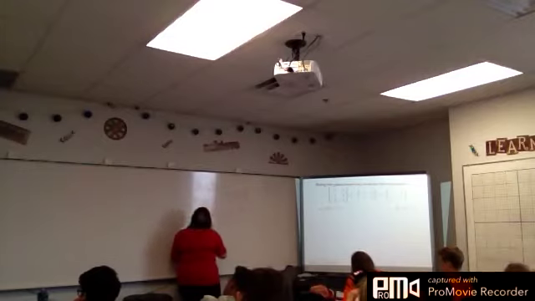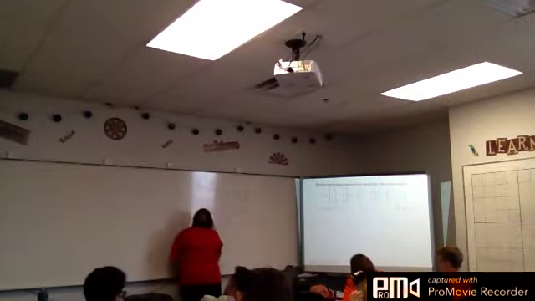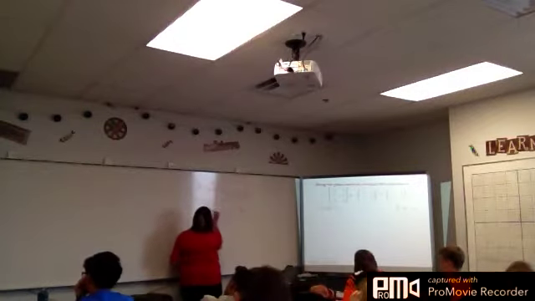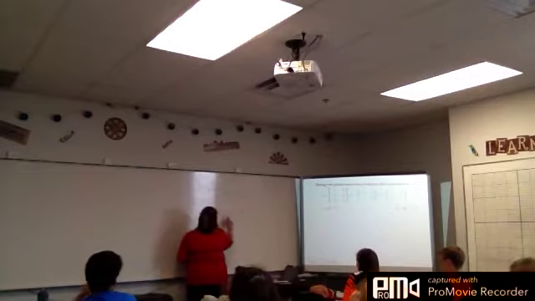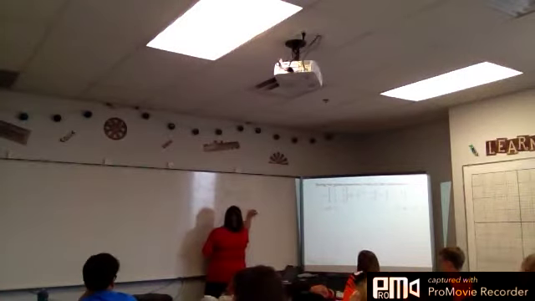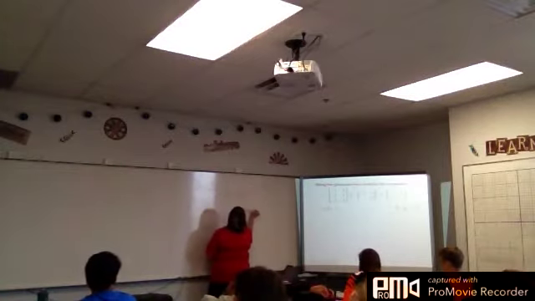For this next spot, row, column: 4 times 4 plus 3 times negative 3.